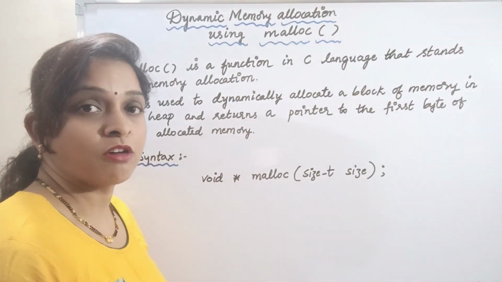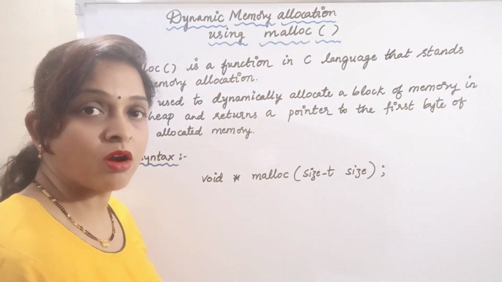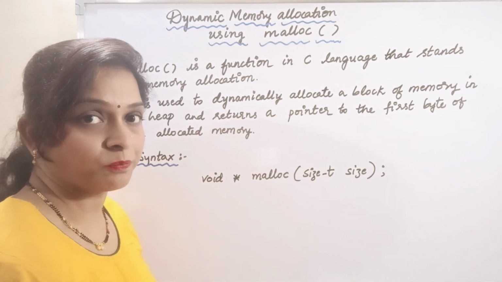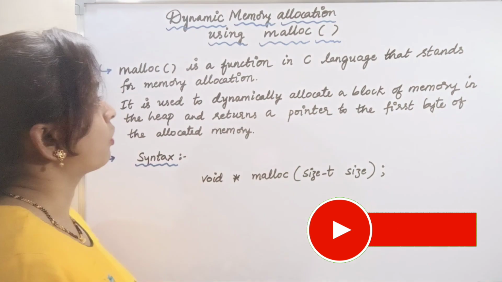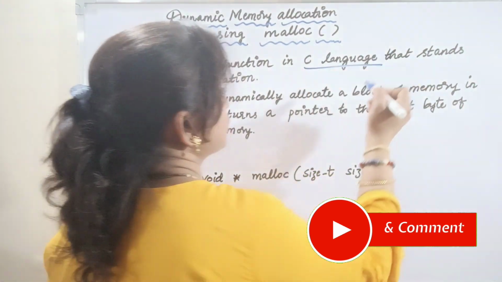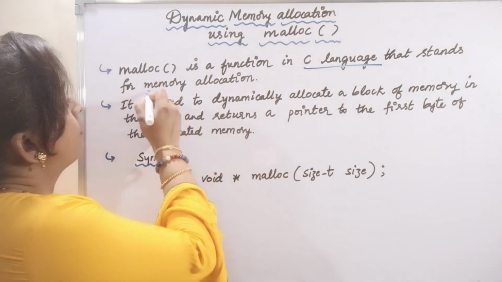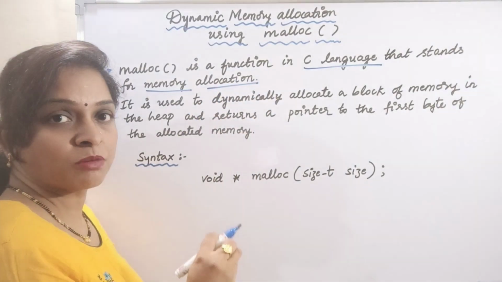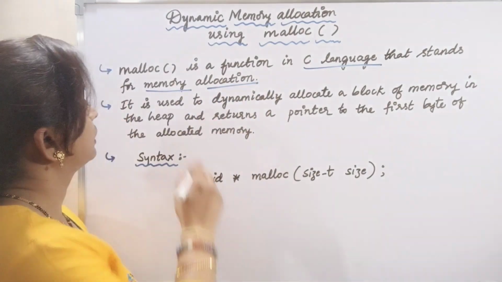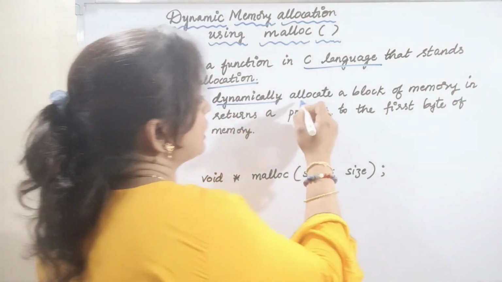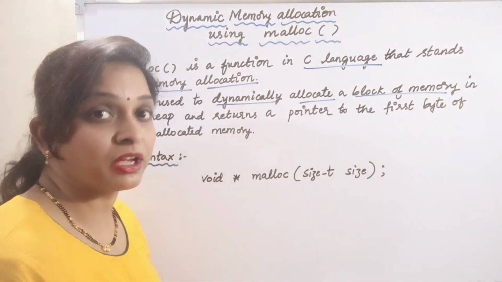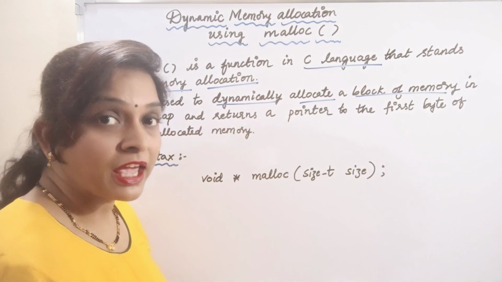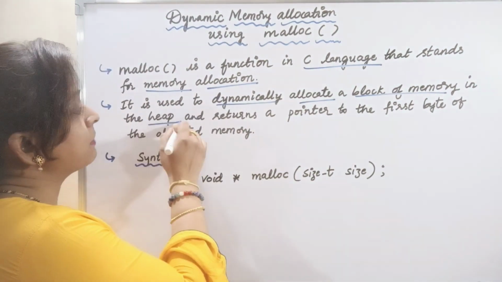So what is this malloc function? We have malloc, calloc and realloc. Malloc is one of the functions that we use in the C language, which stands for memory allocation. It is used to dynamically allocate a block of memory that we require during runtime, that is during execution time, from the heap memory.